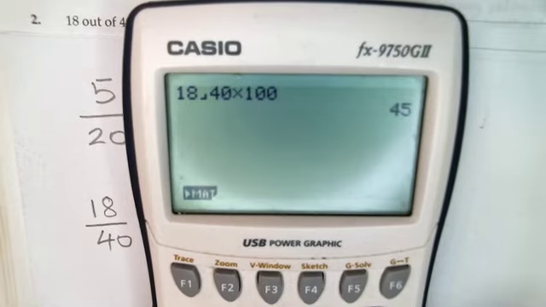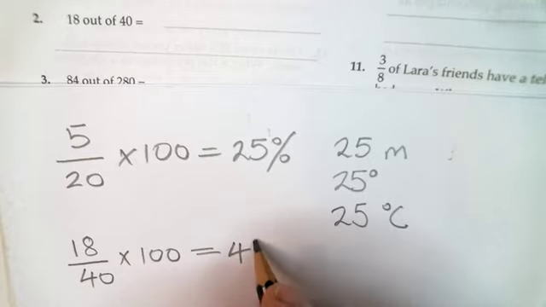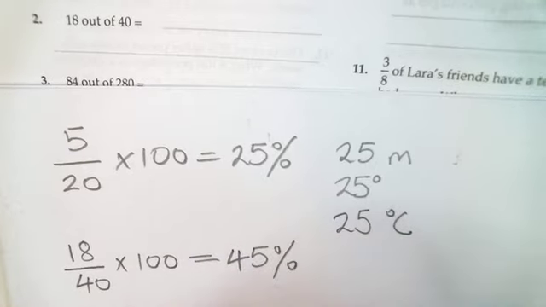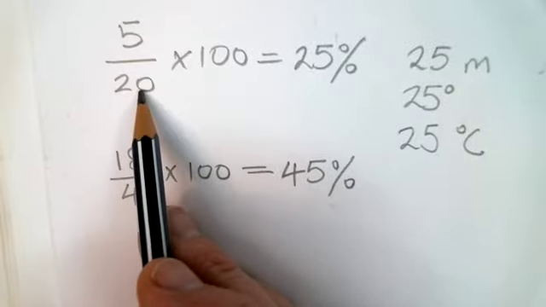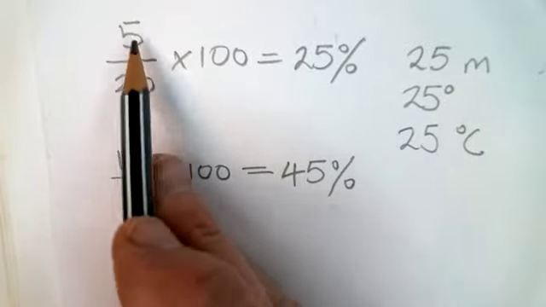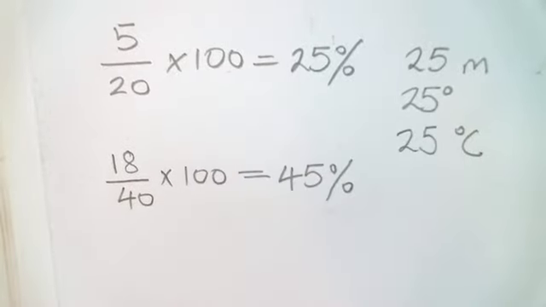And I get 45. 45 what? It's 45%. So you can use either the fraction key, or you can just divide 18 by 40, multiply by 100, and then you get the answer as a percentage.